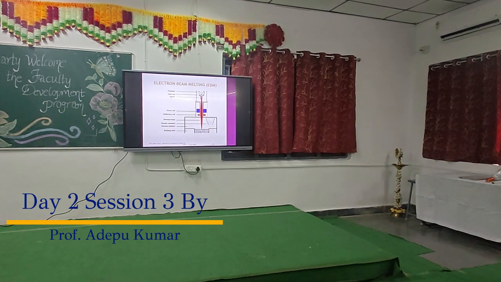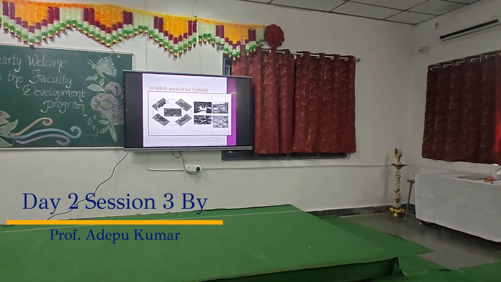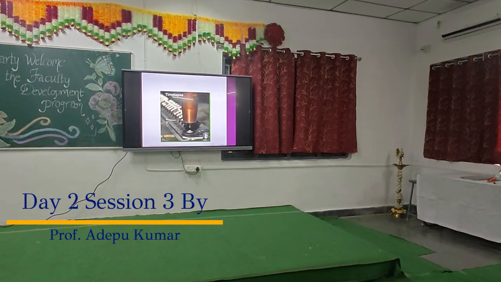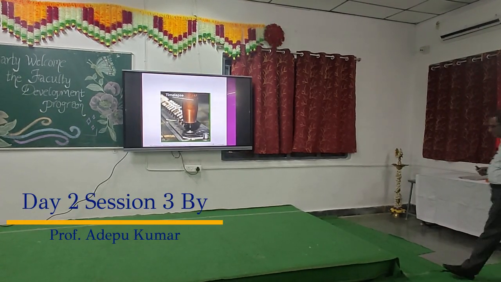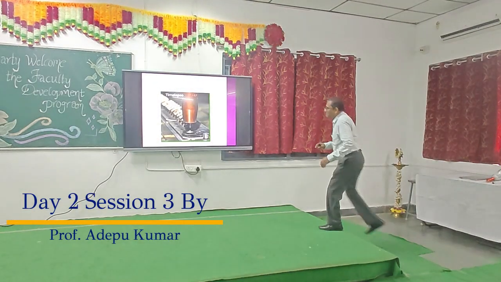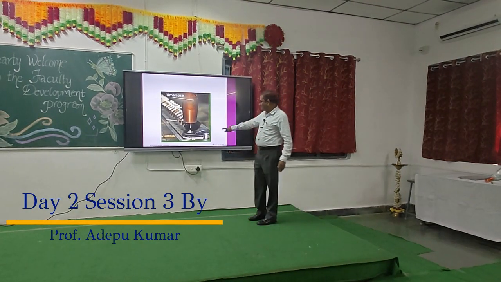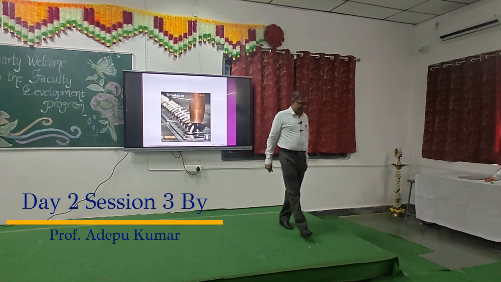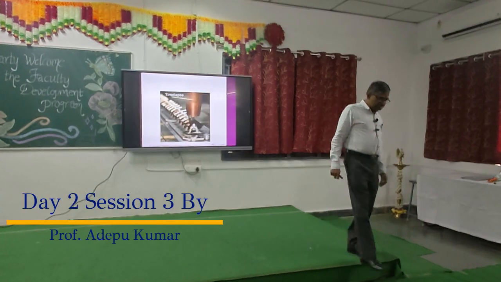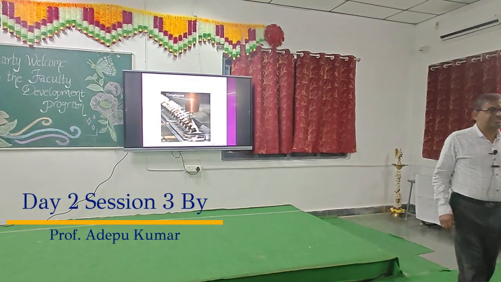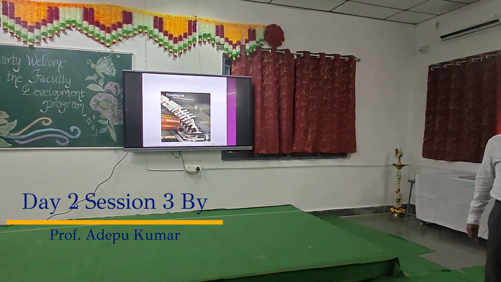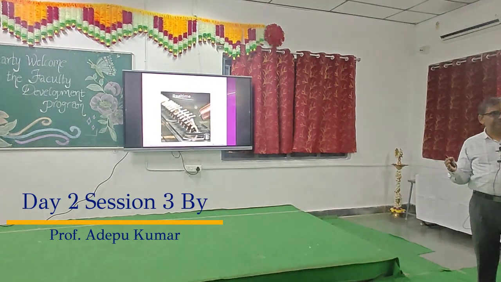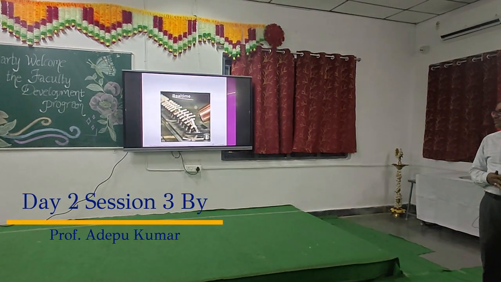I want to show you that WAAM. Yeah, this is also one of the recent technologies to prepare lattice structures. Lattice structures are generally space grid structures which can be used for aerospace or defense applications for reducing the weight of the entire missile.